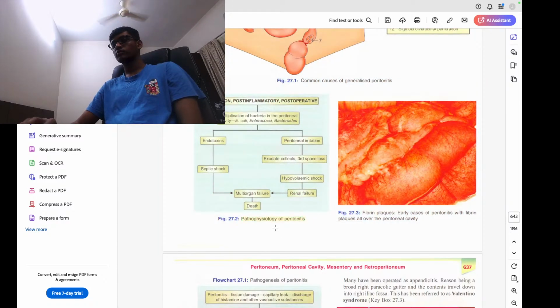Again, endotoxins and peritoneal irritation lead to exudate collection, third space loss, hypovolemic shock and renal failure, finally multi-organ failure and death.